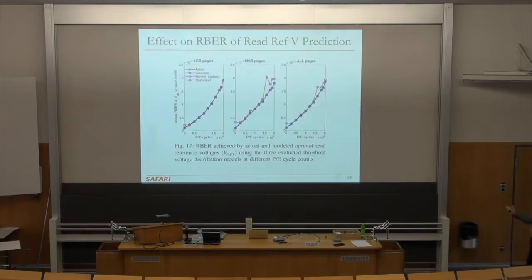So what is the effect on the raw bit error rate? Basically, you can see that some pages are not affected as much. You can read the reasons for it in the paper, but some pages are affected a lot. So in this case, for example, Gaussian gives you a much higher raw bit error rate, whereas student's t distribution-based modeling gives you a much lower raw bit error rate.